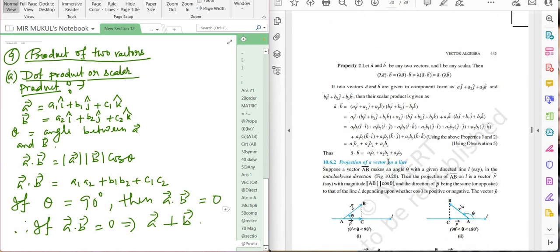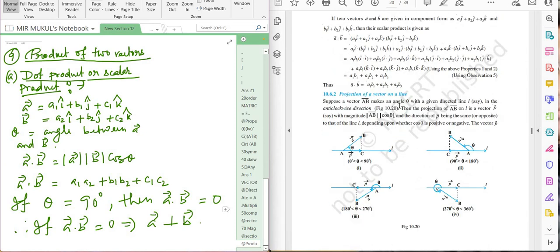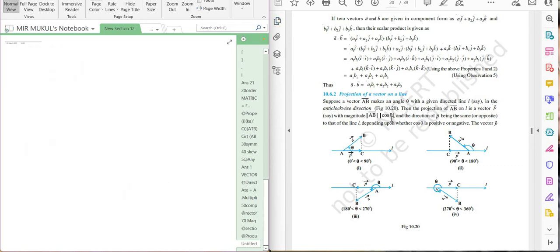Now projection: projection of a vector on a line. That concept we also have to learn here.